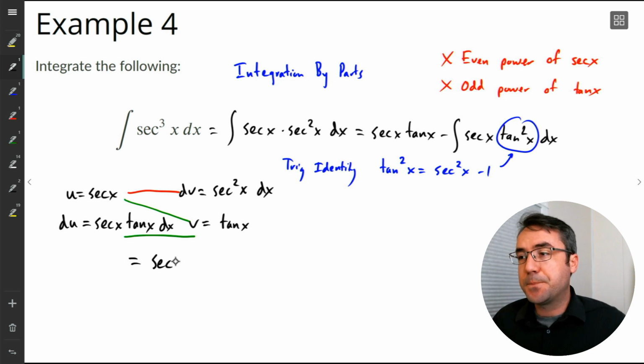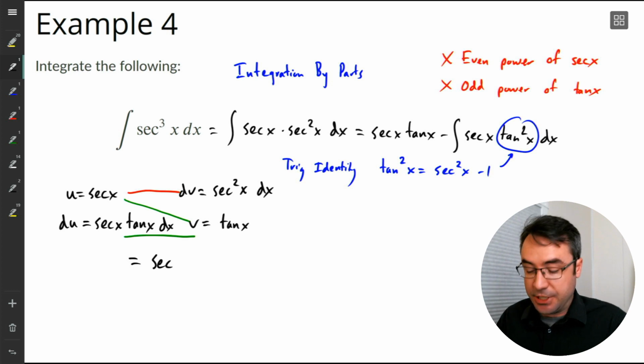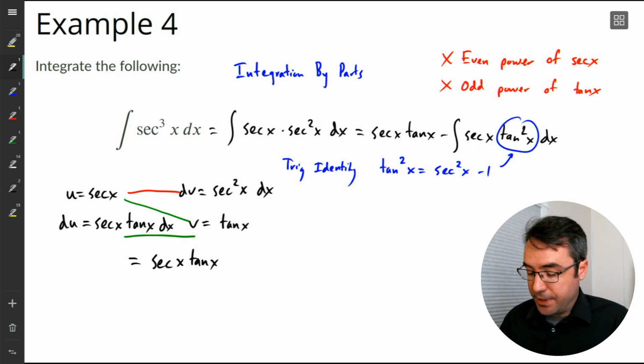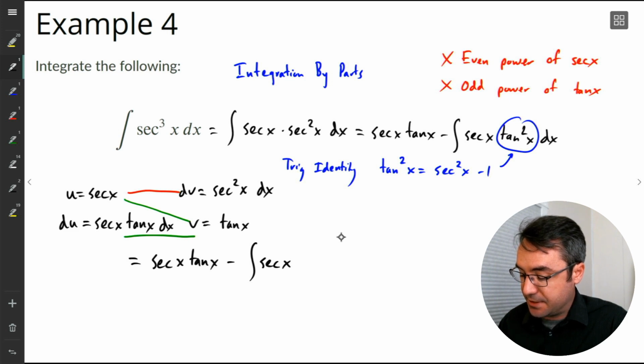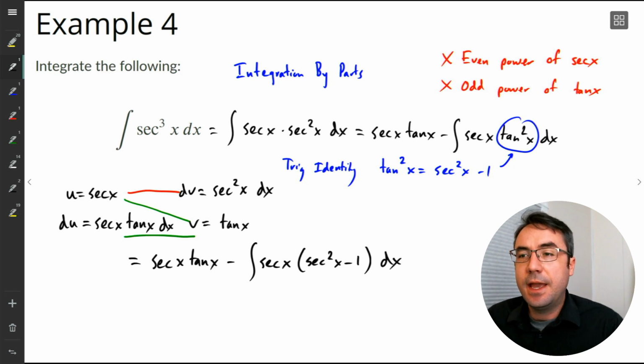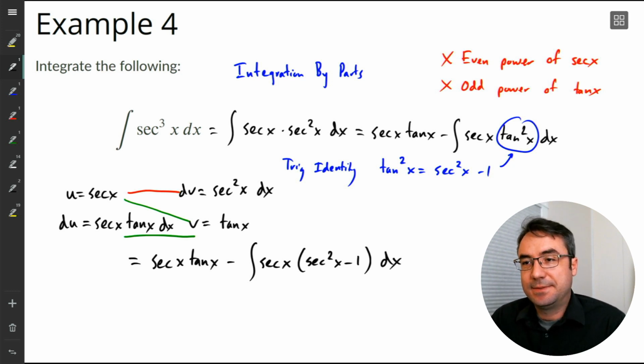And when we do that, we're going to get this part we're done with, so secant x times tangent x. And then, let's fill in the trig identity here. We're going to have minus the integral of secant x times secant squared x minus 1 dx. I don't know, let's multiply that out and see what we get.